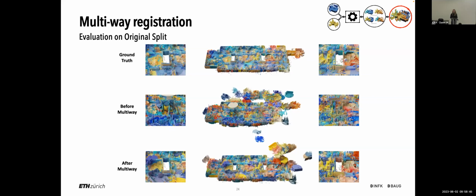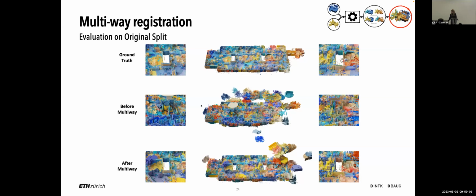Lastly, I want to show some qualitative results before I wrap up. Here you can see for this area, this is the ground truth. The different colors mean that the point clouds are from different temporal points. The blue ones are from one temporal point, the red ones are from another, and the yellow ones are from another.